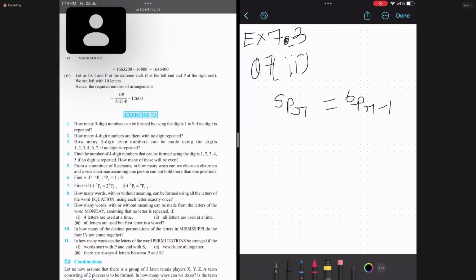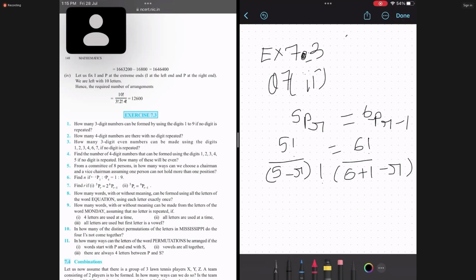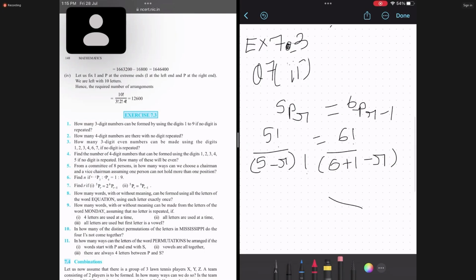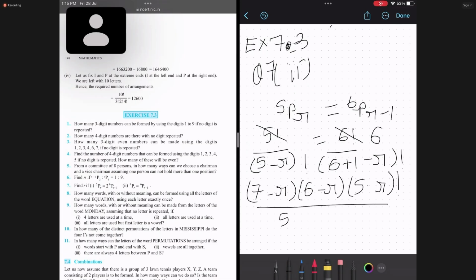So 5Pr is 5 factorial upon (5 minus r)! is equal to 6 factorial upon (6 minus (r minus 1))!. Cancelling this out, we have 6, and we have (7 minus r) into (6 minus r) into (5 minus r)! upon (5 minus r)! is equal to 6.